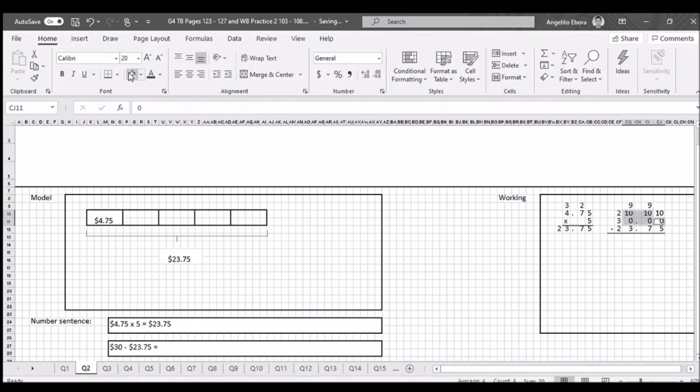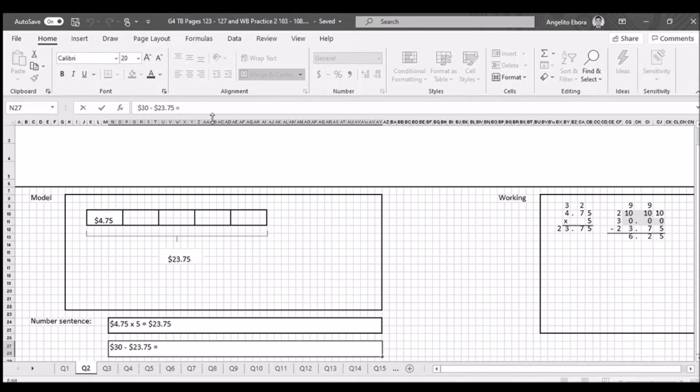Okay, so put column. Okay, so 10 minus 5 is 5, 9 minus 7 is 2, then the decimal point, 9 minus 3 is 6, 2 minus 2 is 0. So we don't need to put the 0 there. Okay, so that means your change is $6.25.